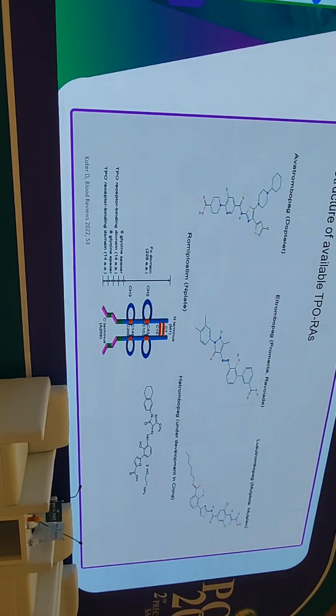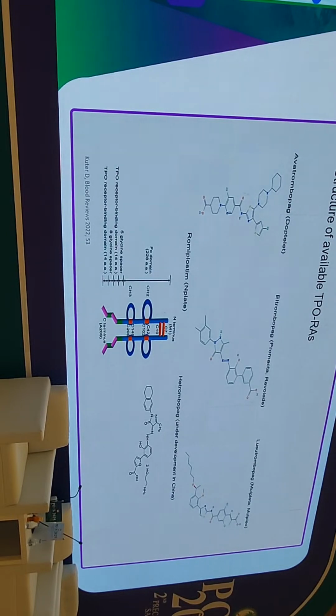But the real drugs that were tested in phase 1, phase 2, phase 3, phase 4 marketing are the thrombopoietin receptor agonists. Based on these different phases, we currently have 2 drugs available in Saudi Arabia. The first one used actually was romiplostim, which is a subcutaneous injection.